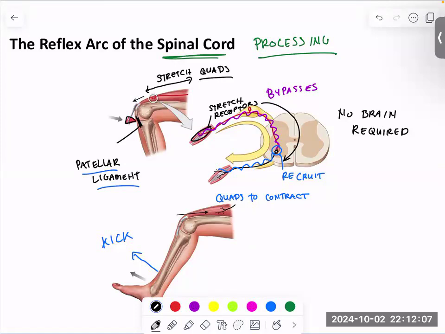If there's problems with that one, they're going to check your hip reflex, your shoulder reflex, your arm reflex, your wrist reflex, your foot reflex, your ankle reflexes. There's a lot of reflexes that your spinal cord controls. They all feel weird. Weird, because it's a reflex arc. No brain is used to recruit it.